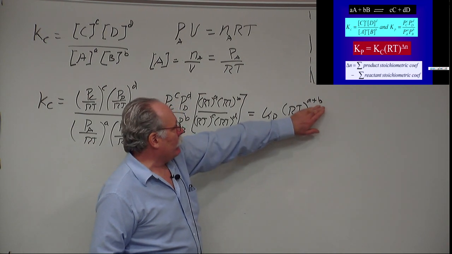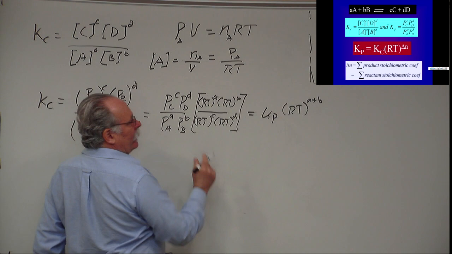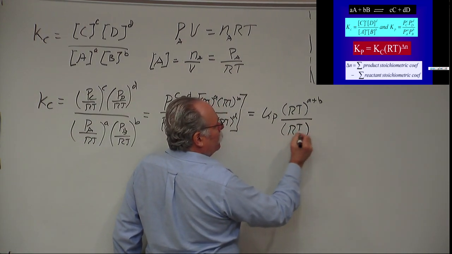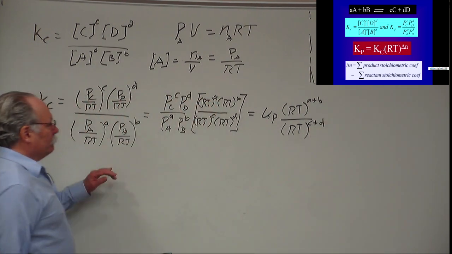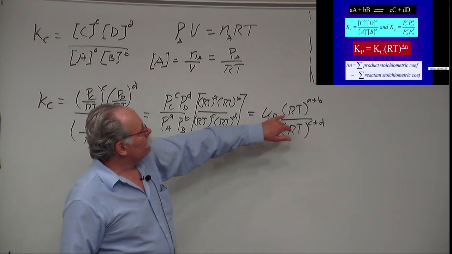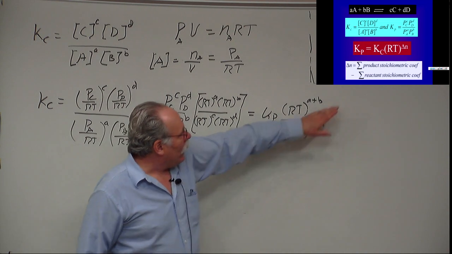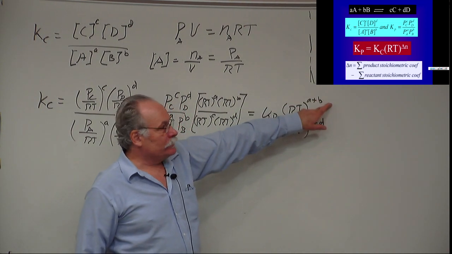So these are the sum of the powers of all the reactants, because I multiply them, and remember you add the exponents, divided by RT to the c plus d. Now, at this point I can say Kc is equal to Kp times RT to the sum of the coefficients of the reactants minus the coefficients of the products, because if I bring this up, it switches sign.